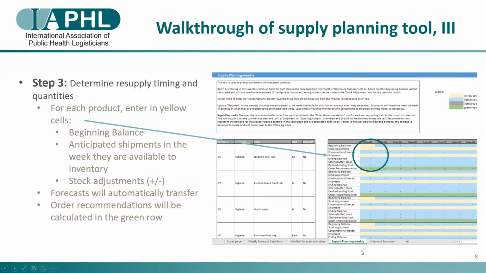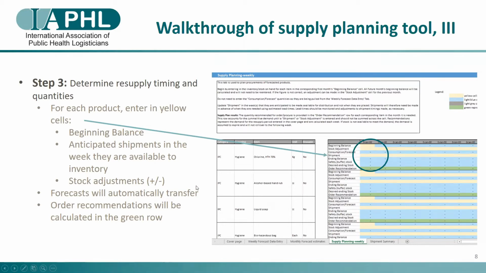When you open the supply planning weekly tab, you'll be asked to enter the resupply, the inventory quantities, any adjustments, and any beginning balance stocks that might be needed or anticipated shipments. Step 3 determines what your resupply timing and quantities would be. So for any of the yellow cells, the user is able to enter their data. Here you can see for chlorine, 70%, we can enter a beginning balance at the top yellow cell.